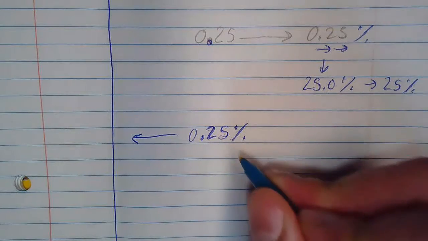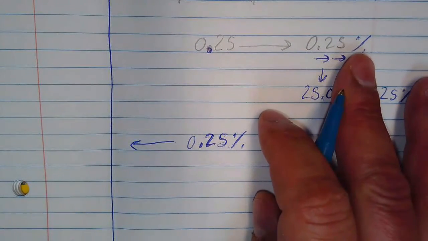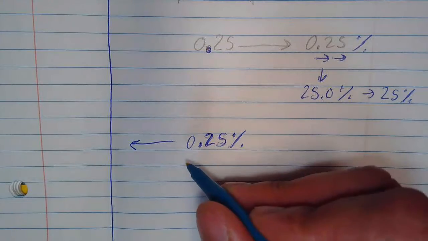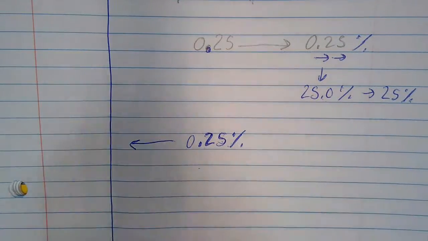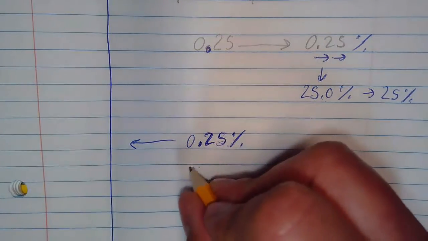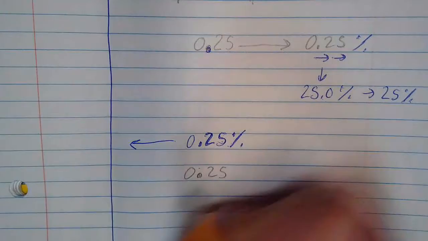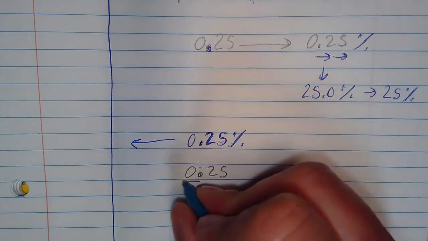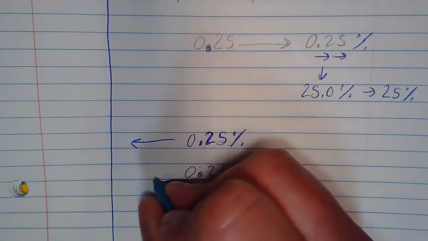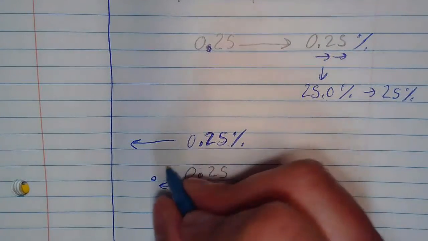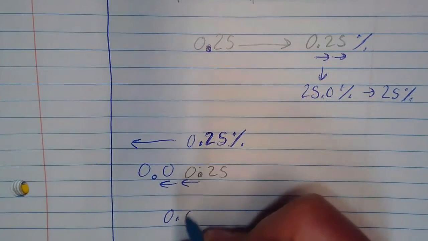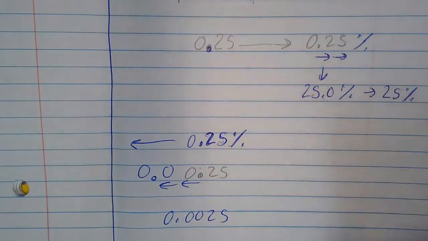So please follow the rules. Okay? One way or another, you got to move that thing to the left. So let me rewrite this. I take off the percent symbol, and I move the decimal point two spaces to the left. Fill in empty spots with zeros. So now it becomes 0.0025.